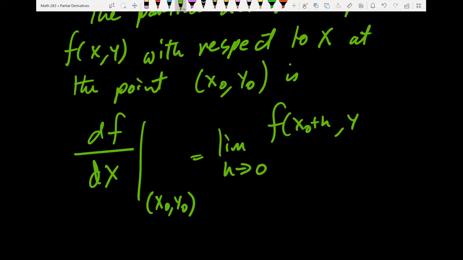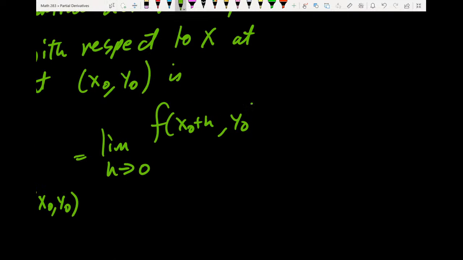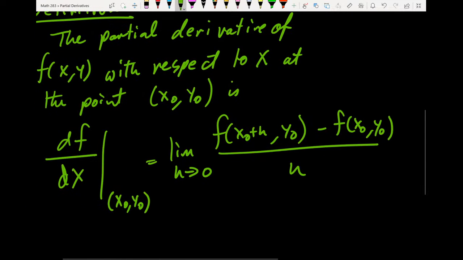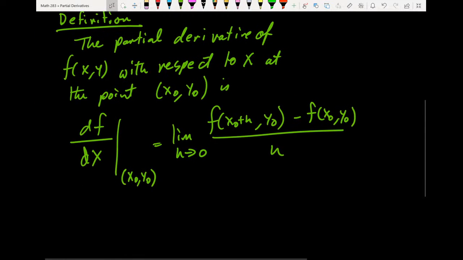You guys remember that, right? From your calculus 1. So this is to the x, and we're going to do one for the y.